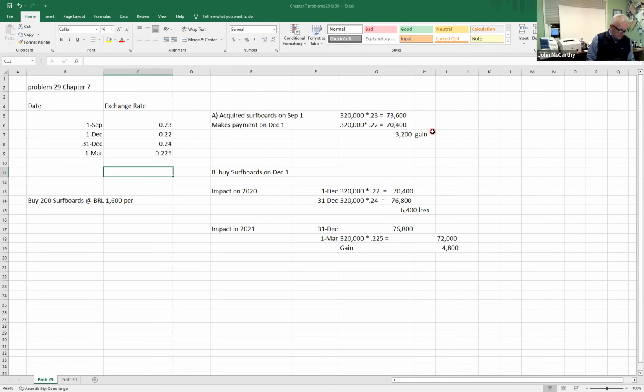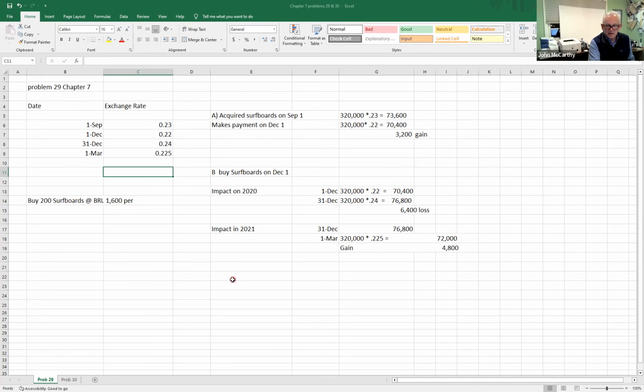The question is, if I bought these surfboards on September 1, which I did here for 73.6, and made payment on March 1, which I did here, 72, what's the exchange rate fluctuation on reported income in 2020 and 2021? This gets me from September 1 to December 1. This gets me from December 1 to December 30. So it's the sum of these two items.